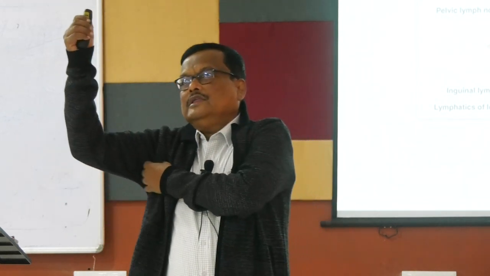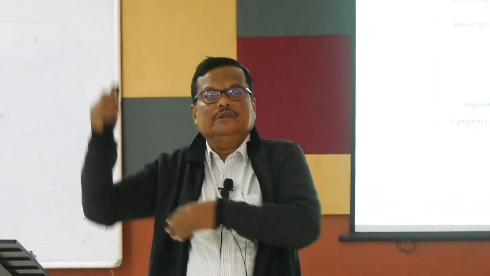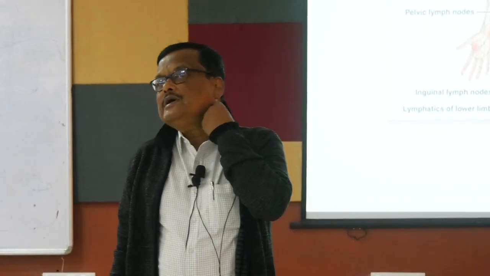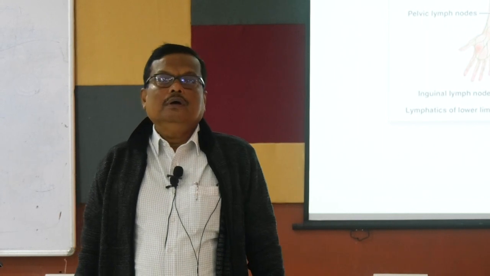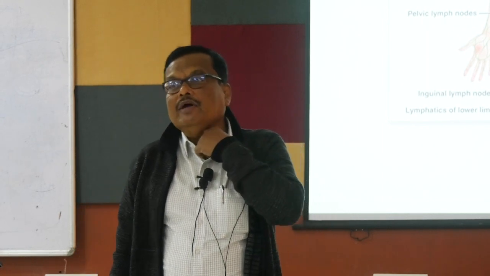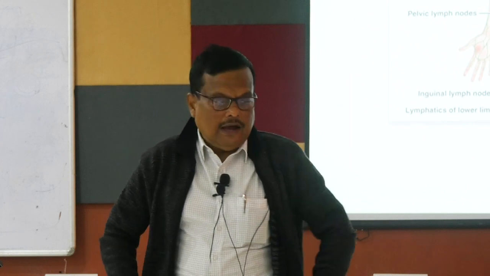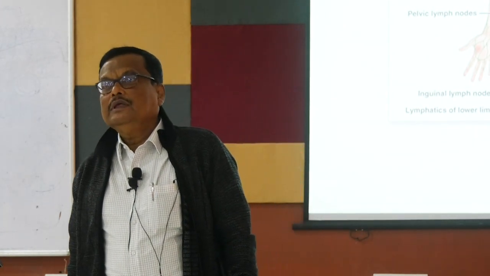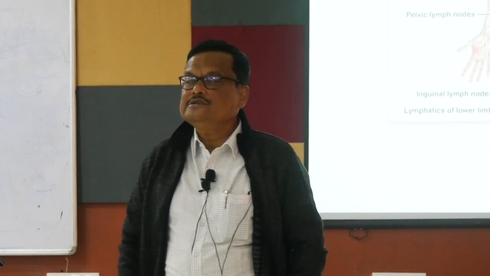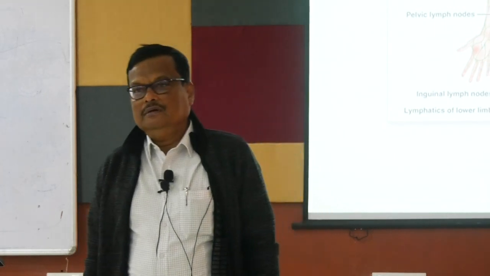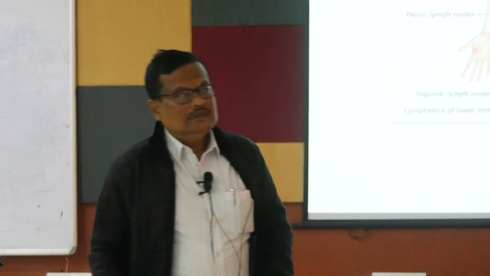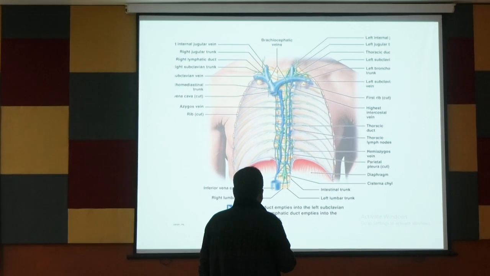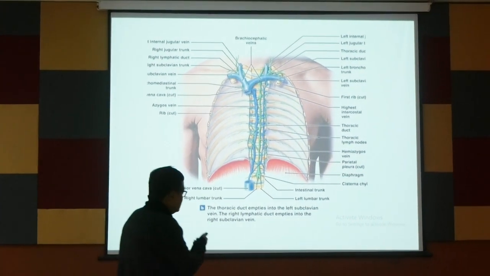There are multiple lymph nodes here, we call them axillary lymph nodes. Here some lymph nodes are there, we call them cervical lymph nodes. Similarly here, some lymph nodes are here, we call them inguinal lymph nodes because this area is the inguinal region, right? So this is the idea.